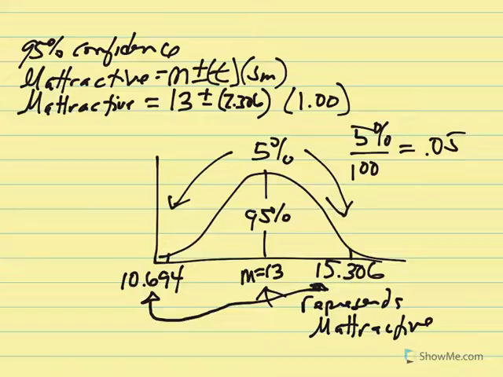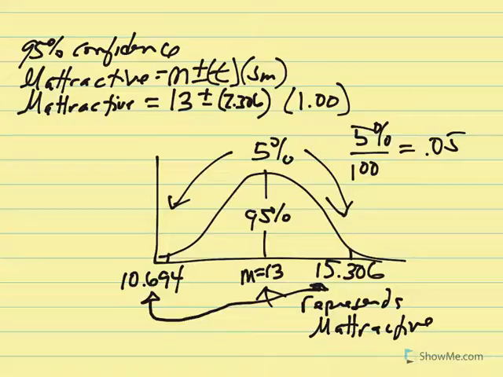So again, had we access to all infants in the population, we are 95% confident that the infants would spend anywhere from 10.694 seconds all the way to 15.306 seconds on the attractive face.